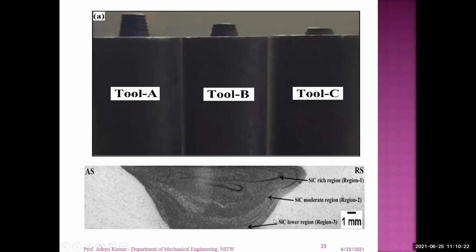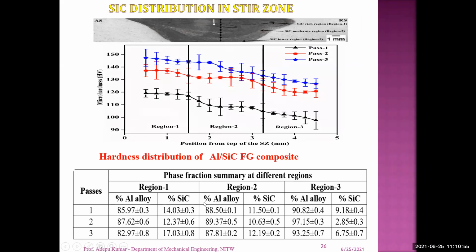Then you can see the microstructure of the processed region. SiC, silicon carbide, is the reinforcement material. The bottom region has less, the top region is SiC rich, and the middle region has a moderate amount. So there is a variation of the reinforcement particles from top to bottom. You can also characterize by taking the phase volume fraction of the microstructure in the top, middle, and lower regions.